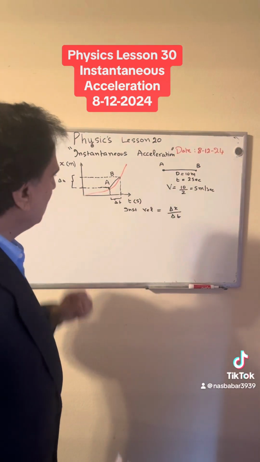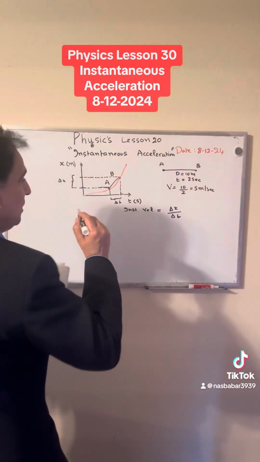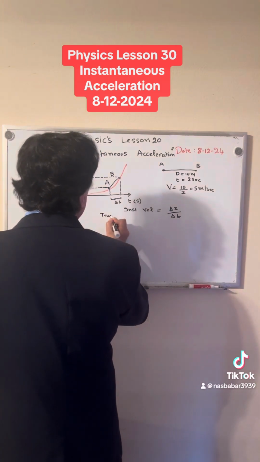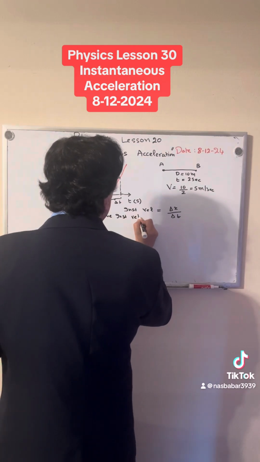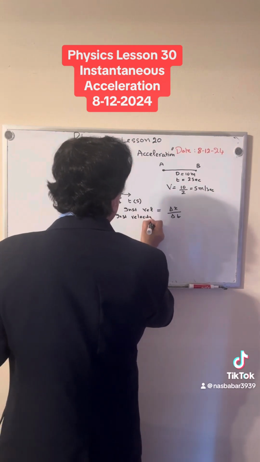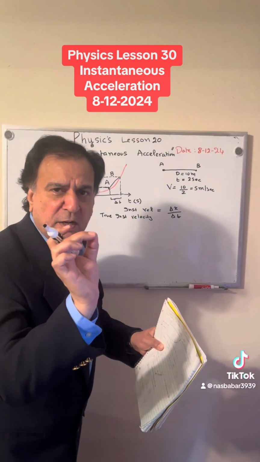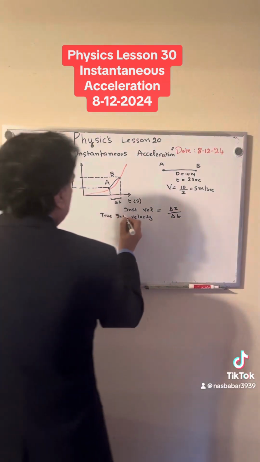We're not done yet. The true instantaneous velocity would be if this delta t becomes smaller, smaller, smaller, close to zero. So then we put in a limit.